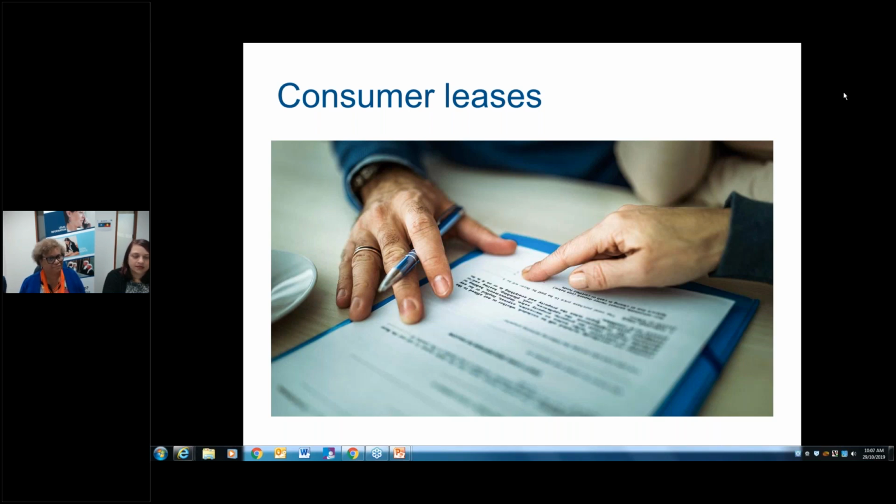Yeah, so you as a consumer, the general public, you're paying for goods and services for your own personal benefit. You're protected by the Australian Consumer Law, which is covered under the schedule of the Competition and Consumer Act 2010. But since we're talking about consumer leases, that's when you lease goods on finance, so fridges, white goods, microwaves, and so forth.